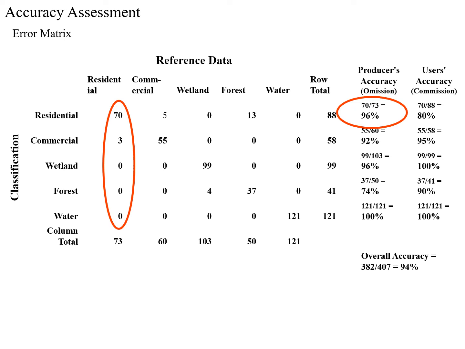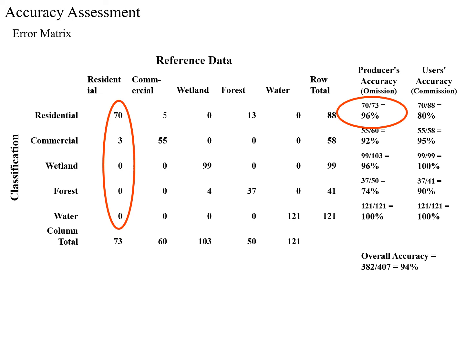So the total number of reference data points we have are 73. And the producer's accuracy is 70 over 73, or 96%. Okay? So the reference data is always in terms of how many observations. So 70 divided by 73. You're always going to divide by that last row, the total row, for that particular column.